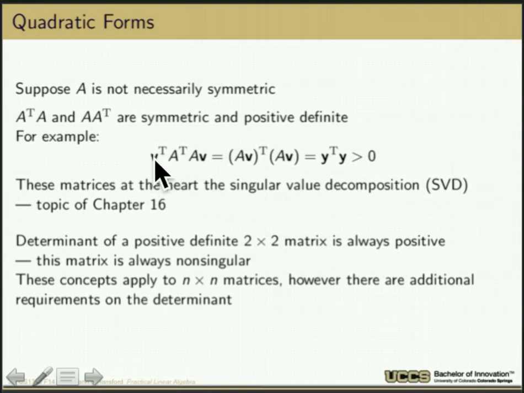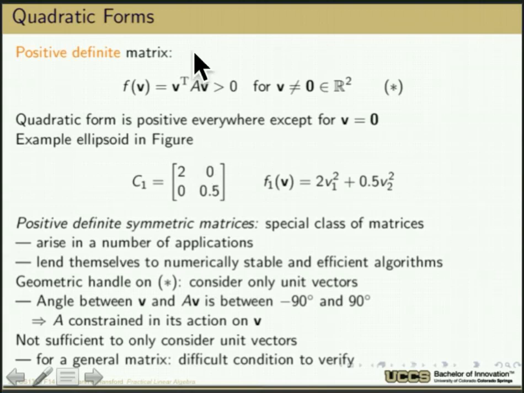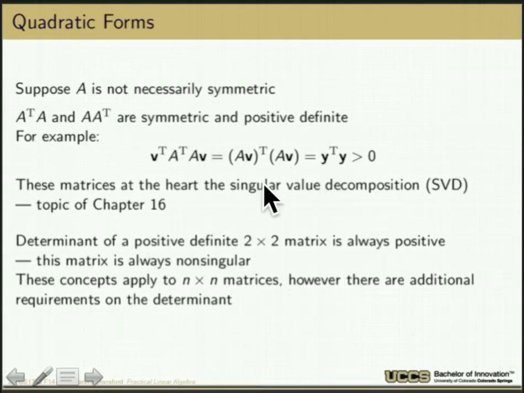But you can see a little bit about this. We have V transpose A V, and we're just sticking A transpose A back into this equation to verify that it's true. We collect these terms, and we notice that V transpose A transpose is just (AV) transpose times AV.